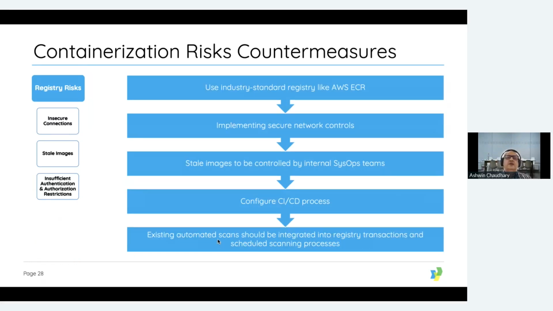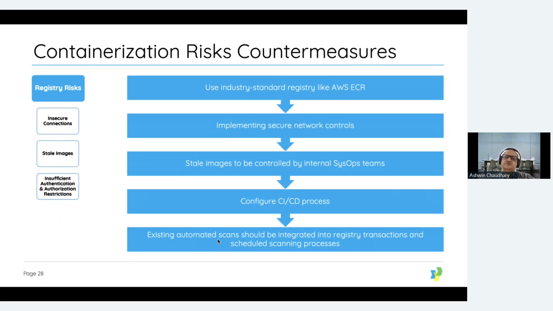Now, look at registry risks. All of these images are stored in a registry, right? The registry risks are insecure connections, stale images, and insufficient authentication or authorization. We have mitigations such as using industry standard registries such as AWS ECR and implementing secure network controls.